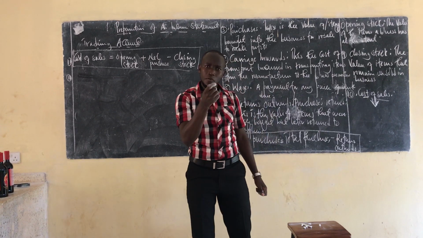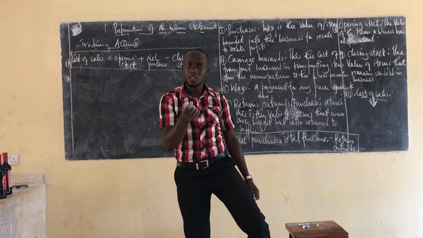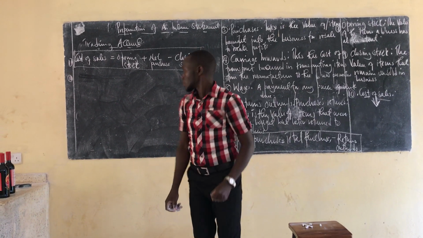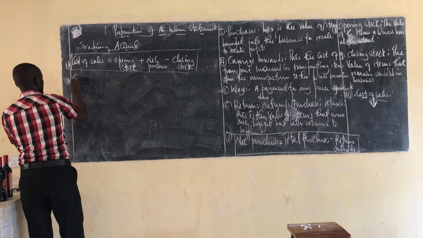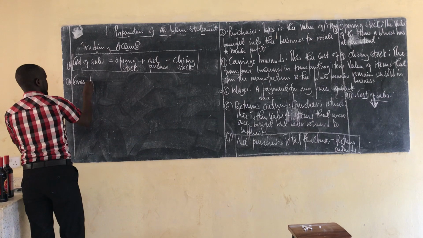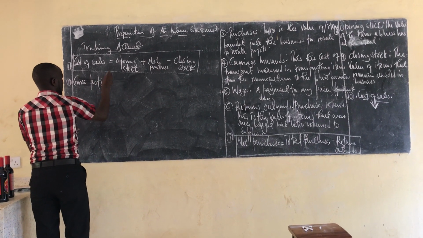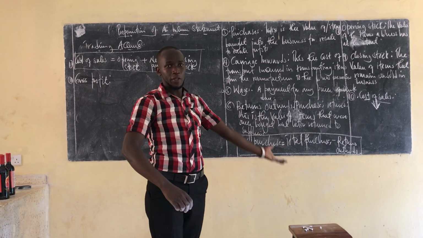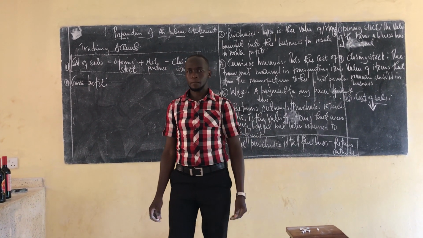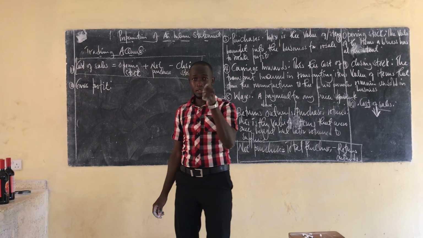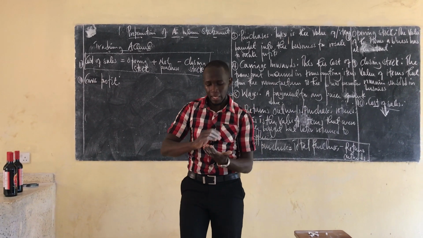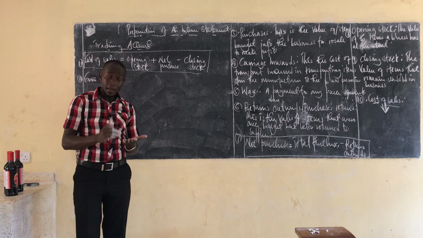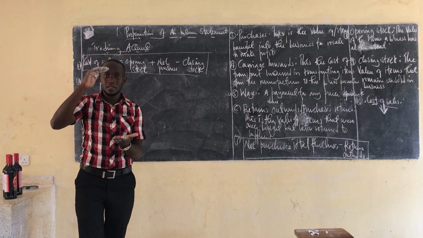The amount you reserve on the purchases after making sales is what they call gross profit. So we have gross profit. Some people may say gross profit is the profit before deducting expenses. I will say gross profit is that amount of money in excess of cost of sales. This amount of money exceeds cost of sales.